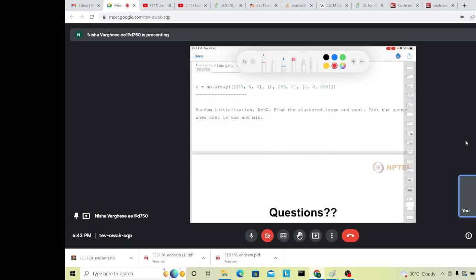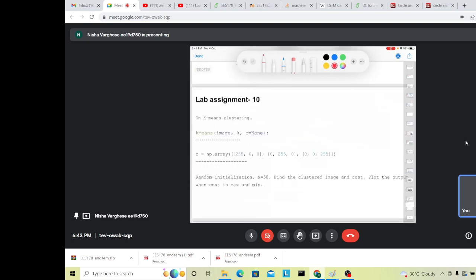So that's all about today's presentation. Then lab assignment 10 is on k-means clustering. First you have to take these centroids for the initialization, then run for 5 iterations. In the next case you have to take random initialization and run for 30 iterations.